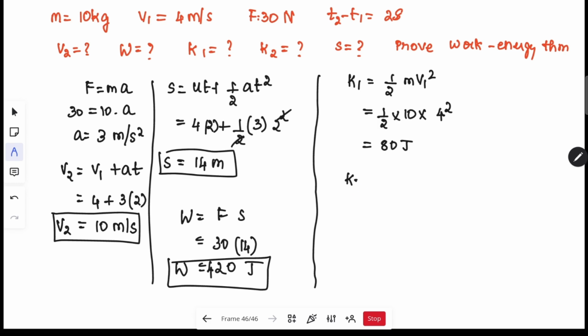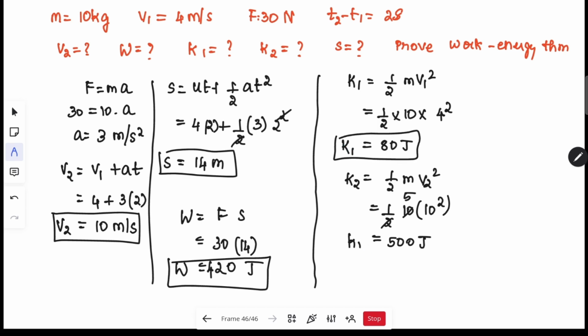Then we need final kinetic energy, which is half m v2 square, which is half into 10 into 10 square. This is 5 into 100, 500 joules. So we found final velocity, work, kinetic energy, and distance.